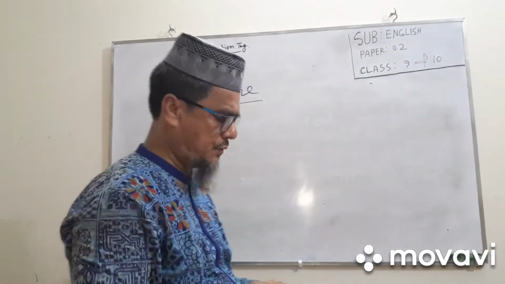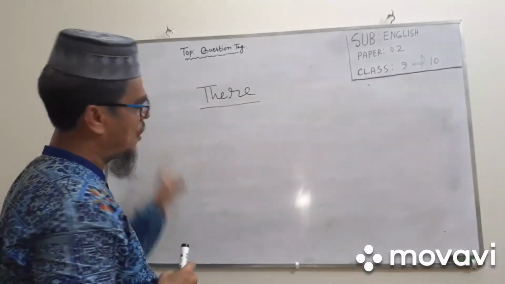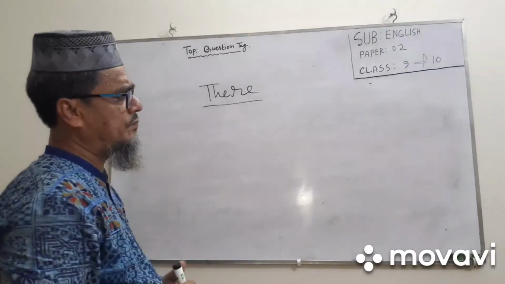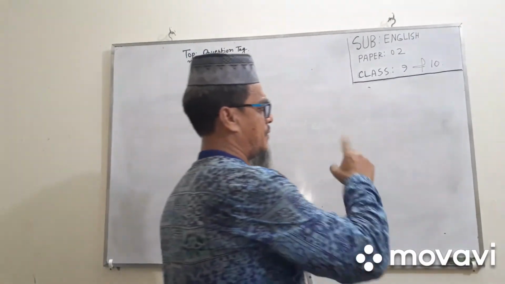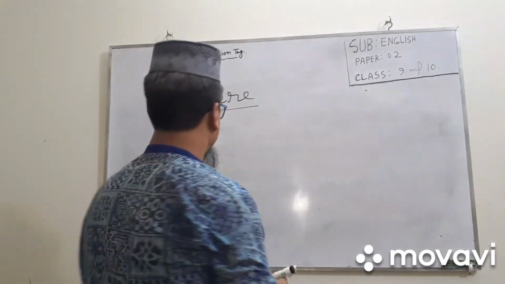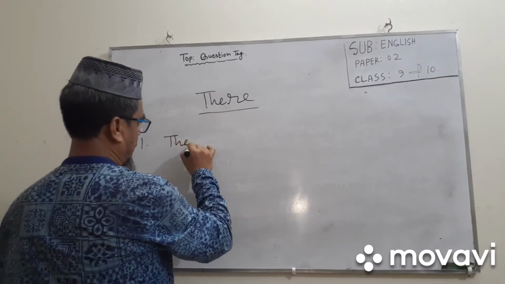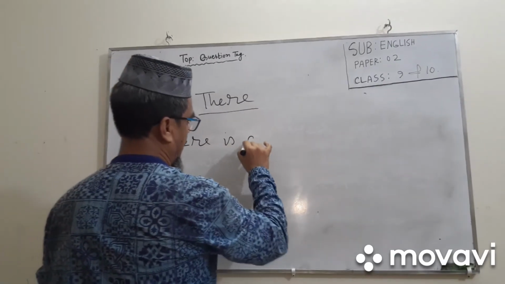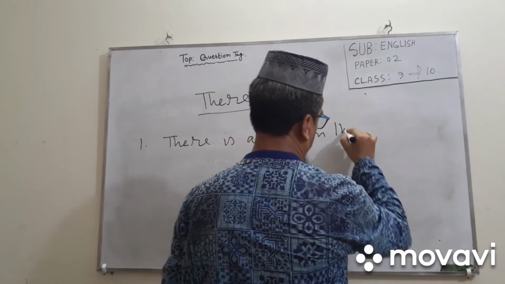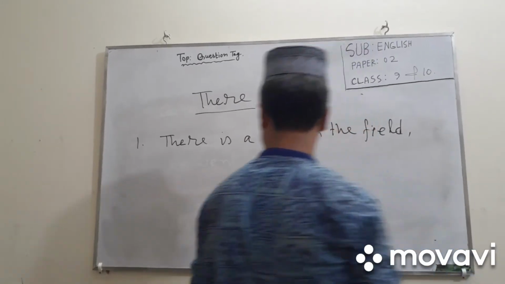If there is this there at the first place of a sentence, we must use there in the place of the subject for making a question. That means question tag. Example, there is a cow in the field. Okay.